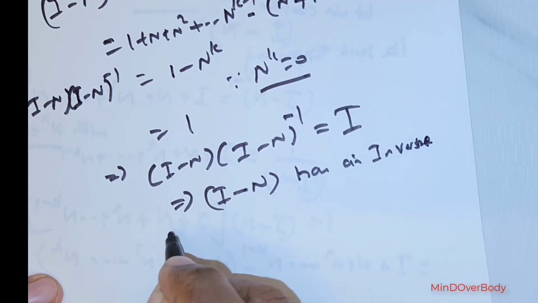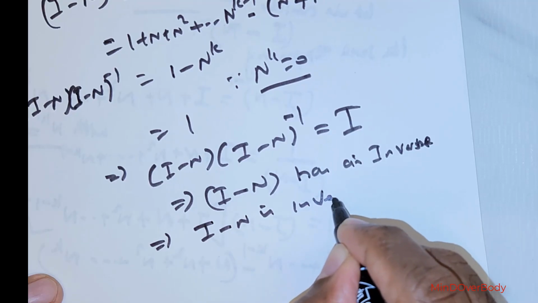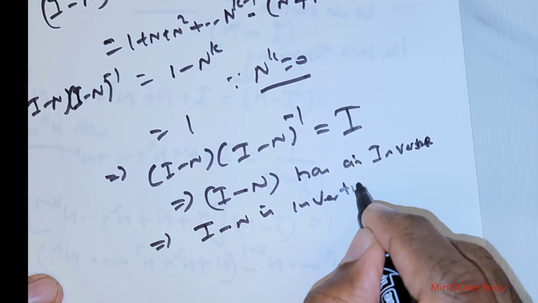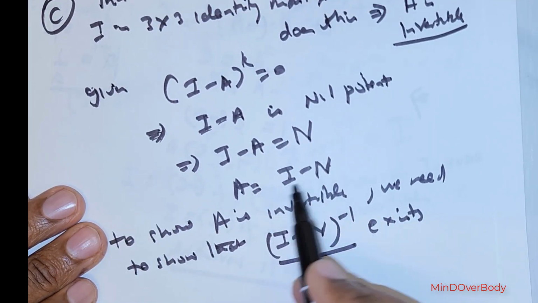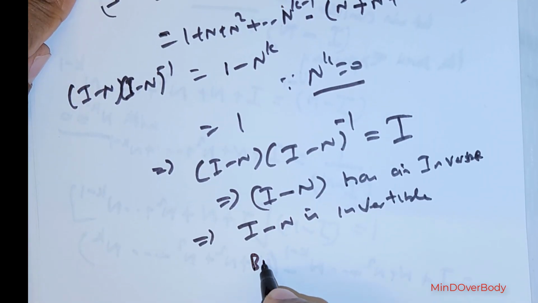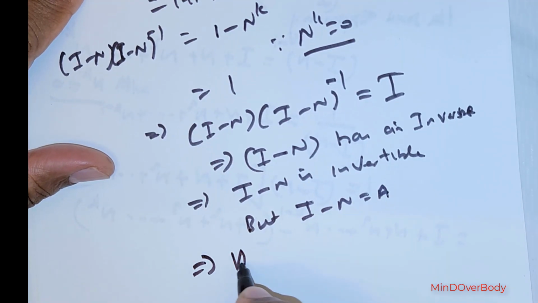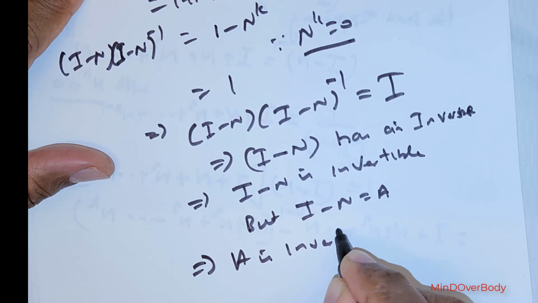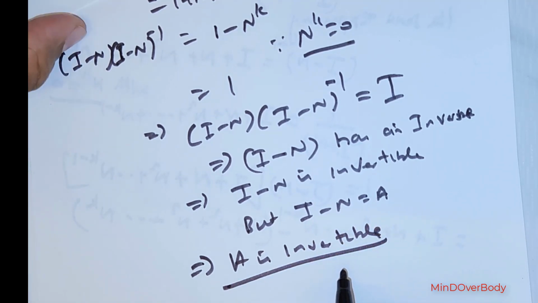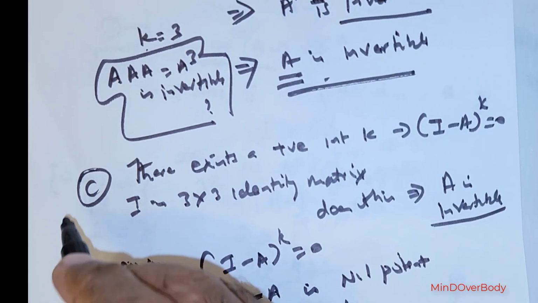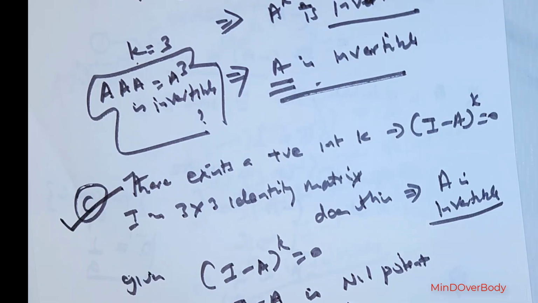This means I − n is invertible. Okay, but what is I − n? I − n is equal to A. This means A is invertible. So this choice C also implies that A is invertible.